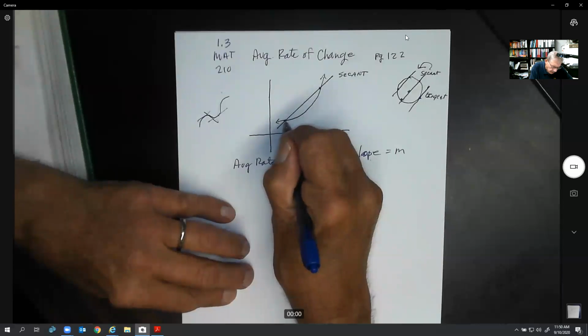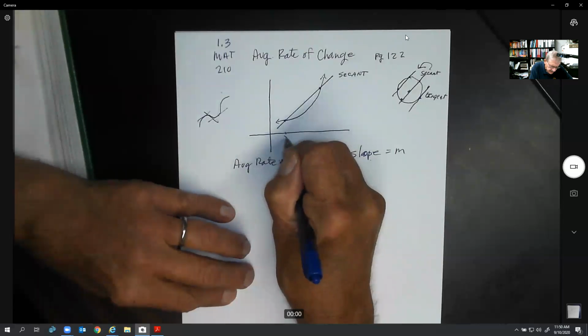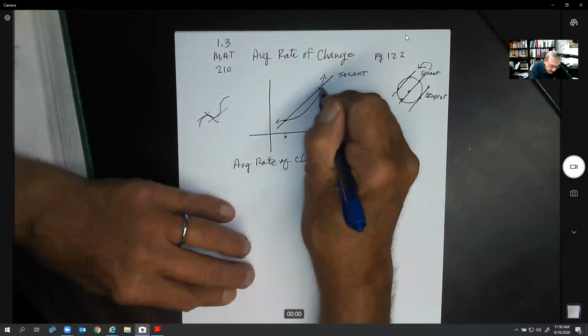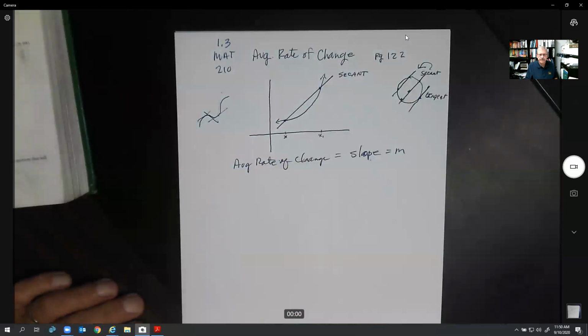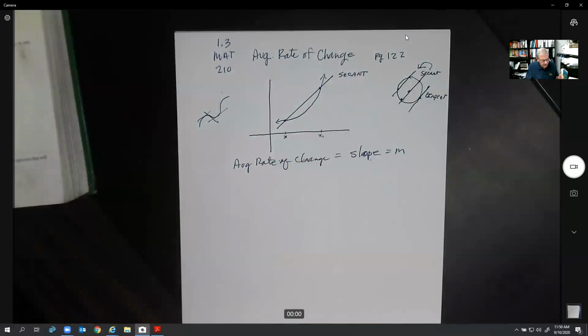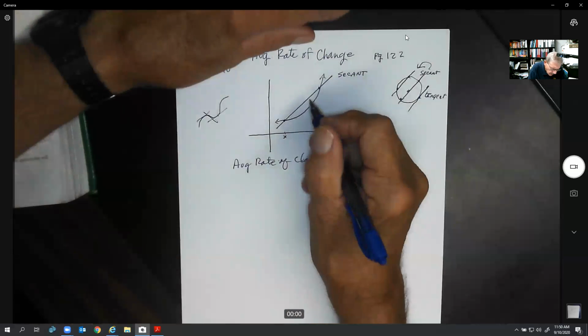Normally we would call this point right here, if we projected down on the x-axis, x1, and this point x2. But we're going to use a little variation on it.